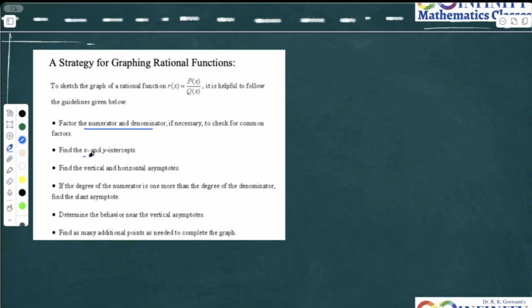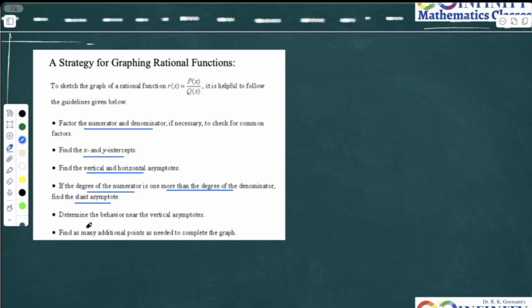Find the x and y intercepts, where the graph intersects the axes. The x-intercept is wherever it intersects the x-axis, and the y-intercept is wherever it intersects the y-axis. Find the vertical and horizontal asymptotes. If the degree of the numerator is one more than the degree of the denominator, then you will have an oblique asymptote, also called a slant asymptote.